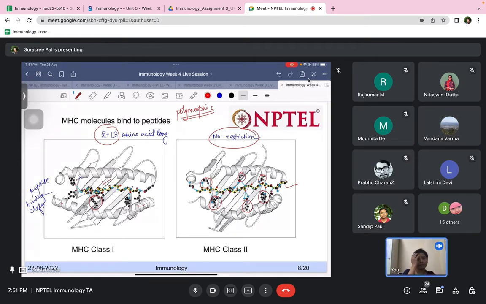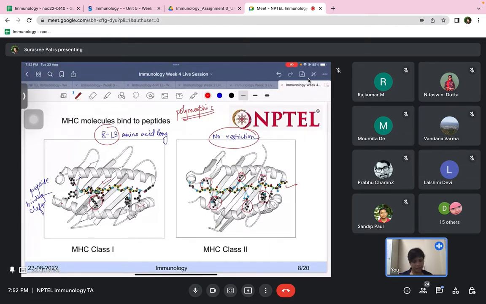Exactly, right. My query here was, since in MHC class 2 the antigen throughout the length interacts with both the alpha 1 and the beta 1, shall we interpret there is conservation throughout the length? The sequences are conserved. Actually, in the Janeway book there is one good diagram, but unfortunately I cannot show you right now.